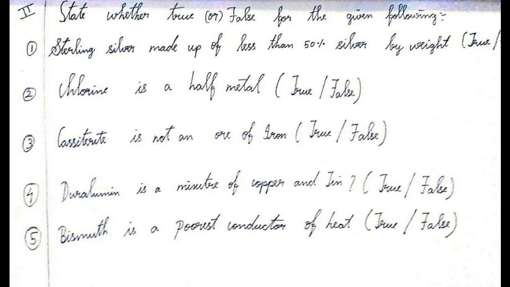Chlorine is a half metal. Cassiterite is not an ore of iron. Duralumin is a mixture of copper and tin. Bismuth is the poorest conductor of heat.